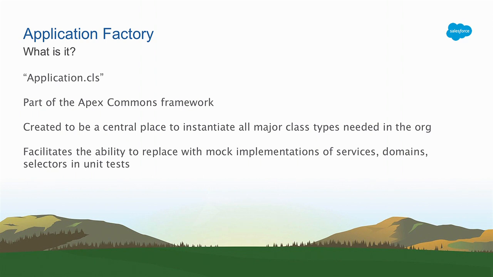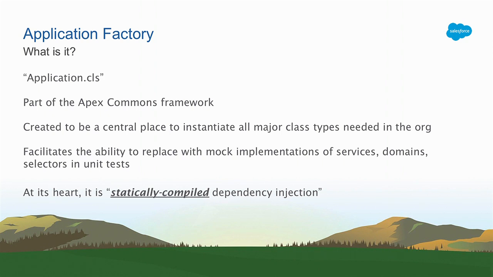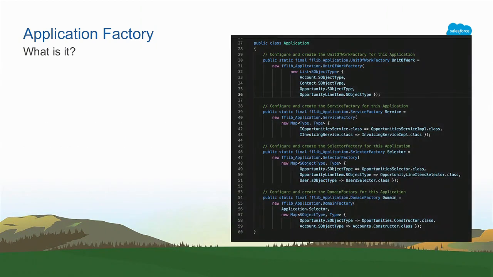But it also provides the ability to inject mocks during testing time without necessarily changing code, without having complex if logic, like if this is in testing, use this mock, otherwise use the regular path. So it's a very, very powerful concept, very powerful pattern. But at its heart, it's statically compiled dependency injection. So what I'm talking about here.